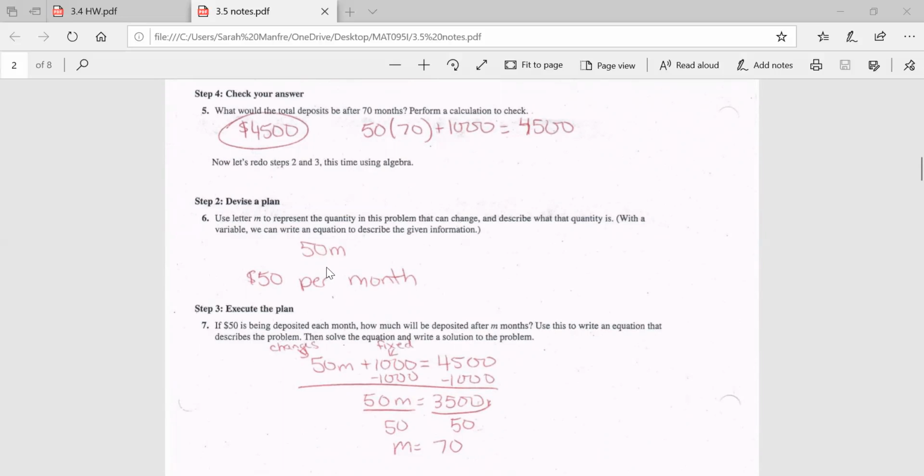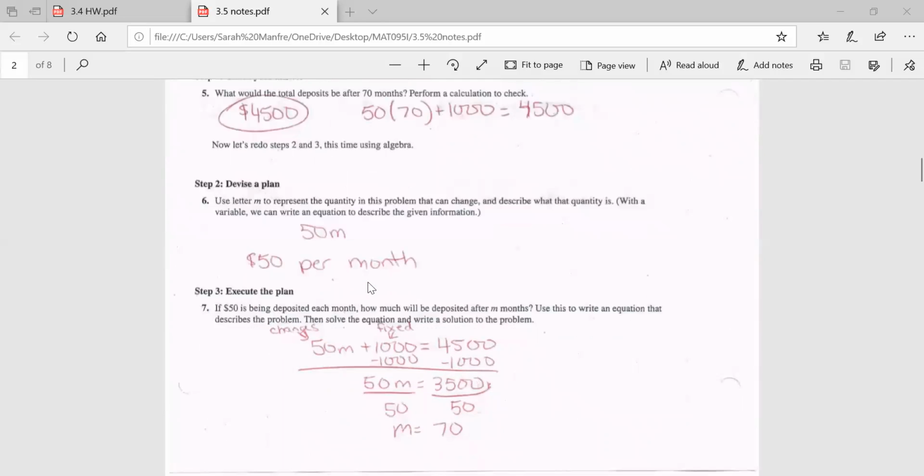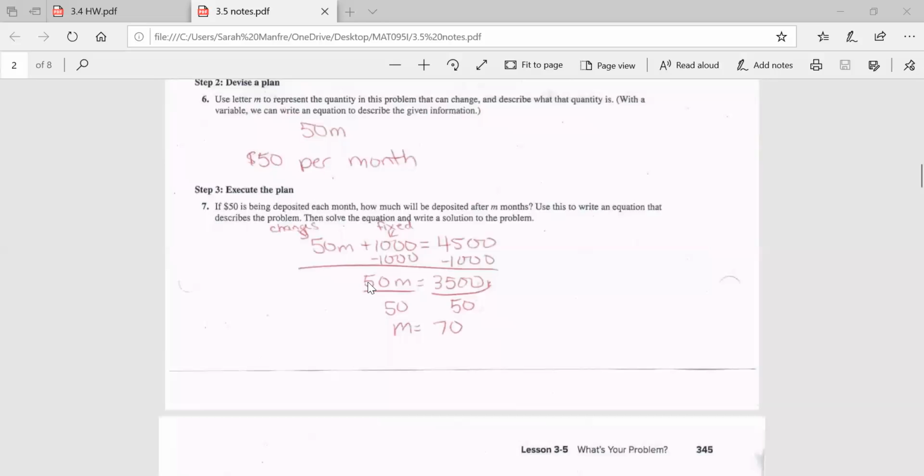So they're going to be depositing $50 every month. So 50M means $50 per month. And then to write an equation, well, $50 per month plus the initial $1,000 that we have will equal the $4,500 in total. And then I went ahead and solved this problem.